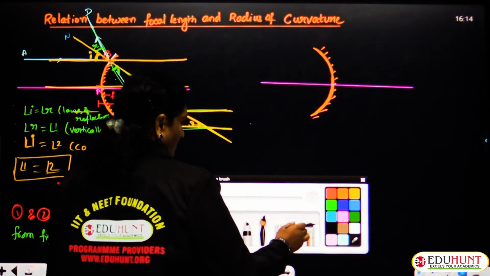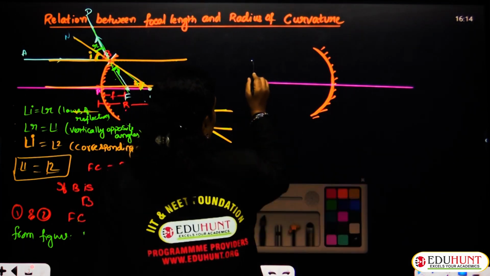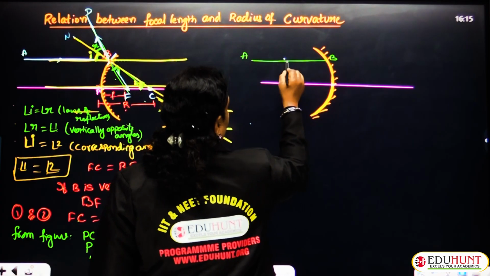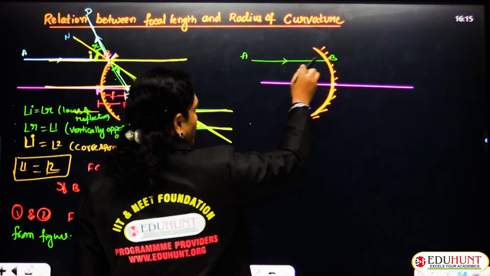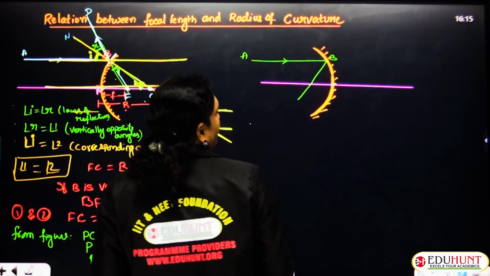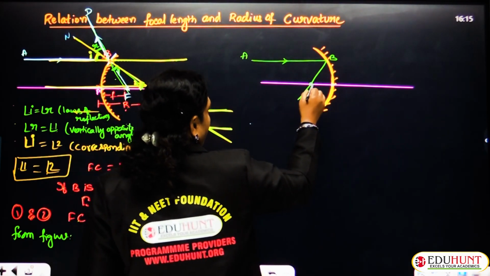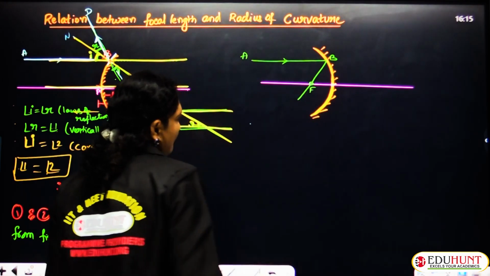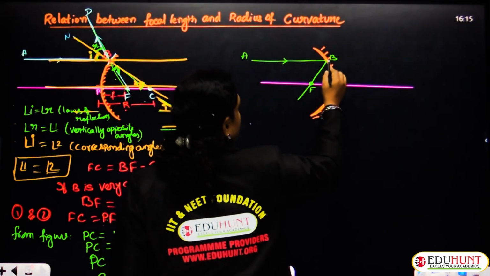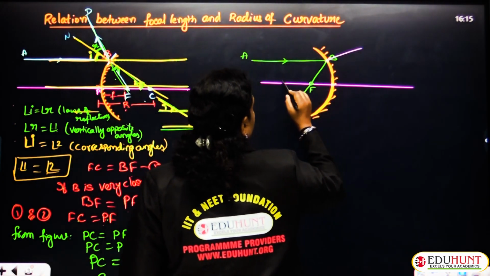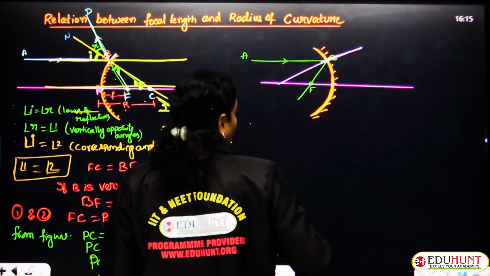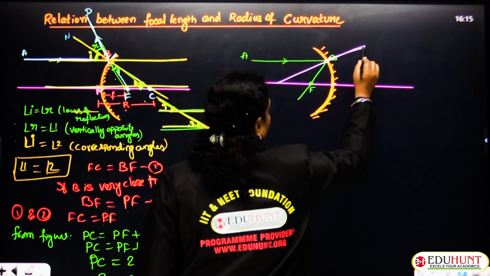The light ray AB that moves parallel to the principal axis, this is the incident light ray, after reflection will meet the principal axis at some point called F. Imagine a normal drawn to this mirror.